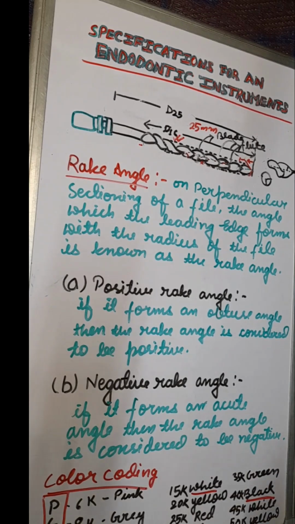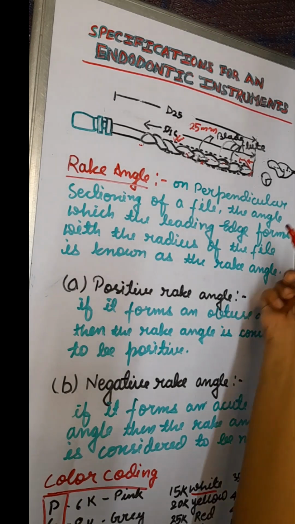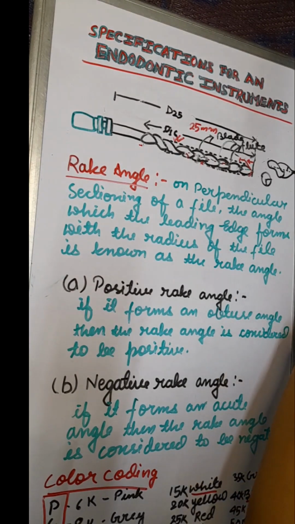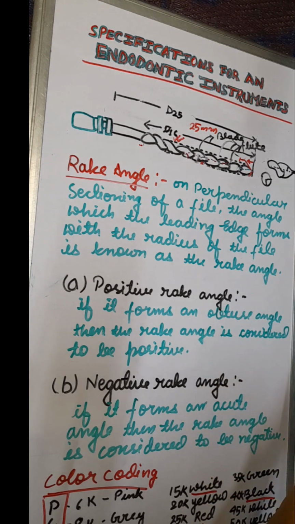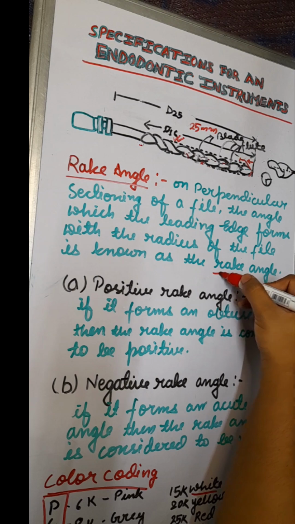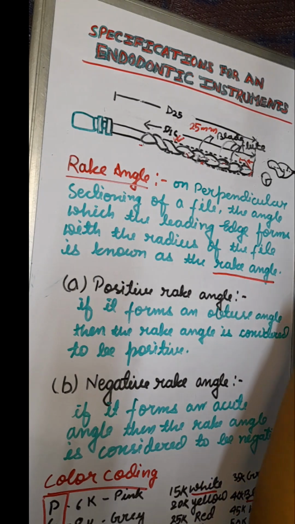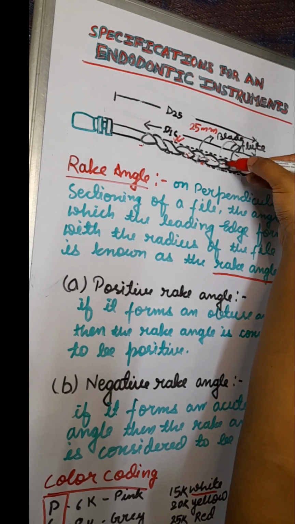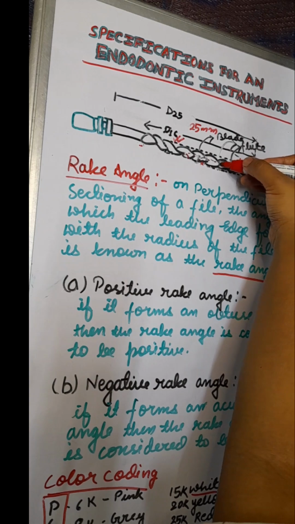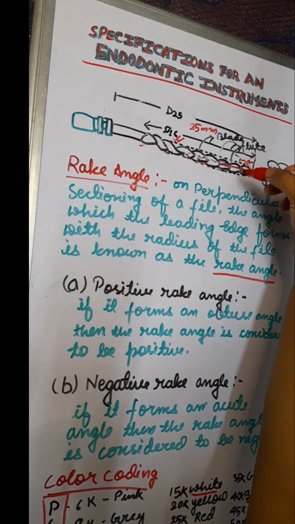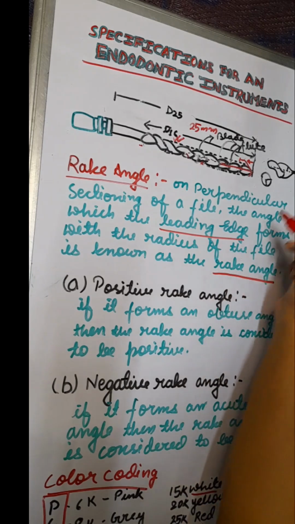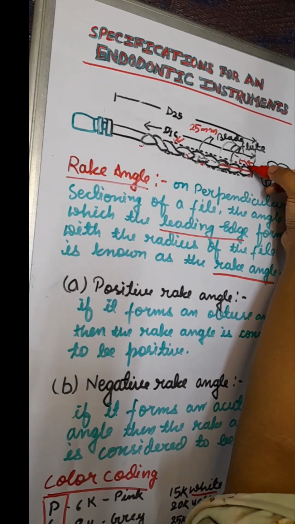Now, the rake angle. On perpendicular sectioning of a file, the angle which the leading edge forms with the radius of the file is known as the rake angle. On perpendicular sectioning, this is the perpendicular section of the instrument, the angle which the leading edge, and this is the leading edge.